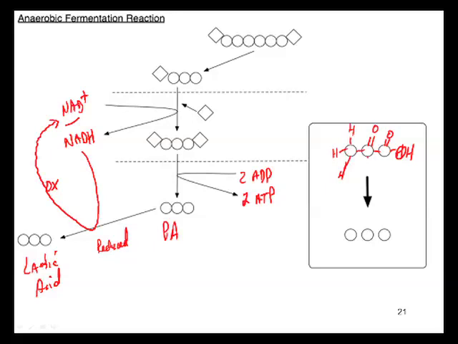I haven't given you a whole lot of those with this. What NADH is going to do is give to the pyruvic acid 2 electrons and 2 protons, basically 2 hydrogen atoms. And what we end up with is this. So that's where those 2 came in, right there. That's the difference between pyruvic acid and lactic acid.